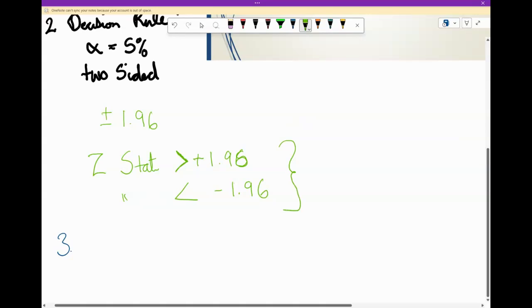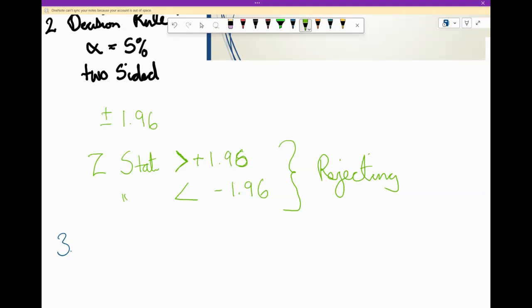And if it is less than a negative 1.96, both of these we are rejecting the null hypothesis. Okay, so now in step number 3, that's where we now do the calculation.